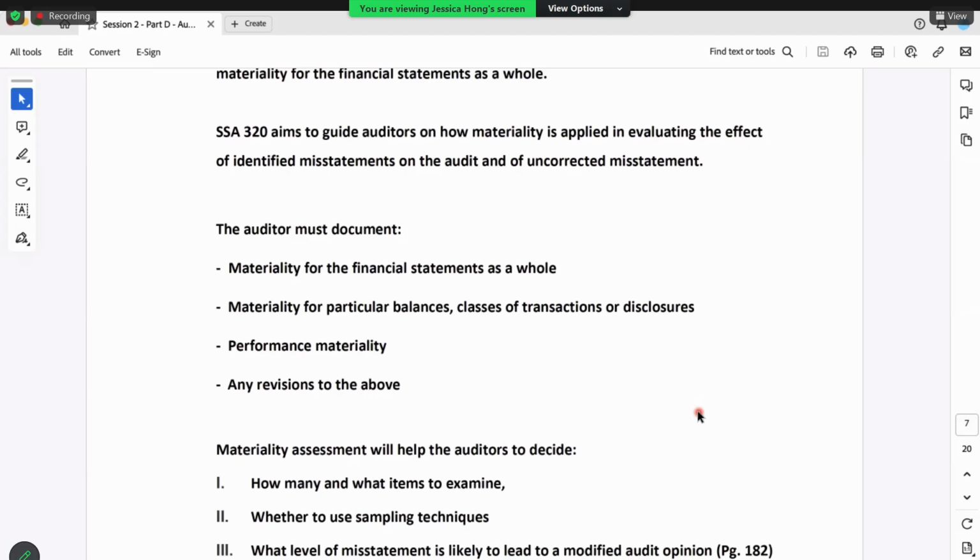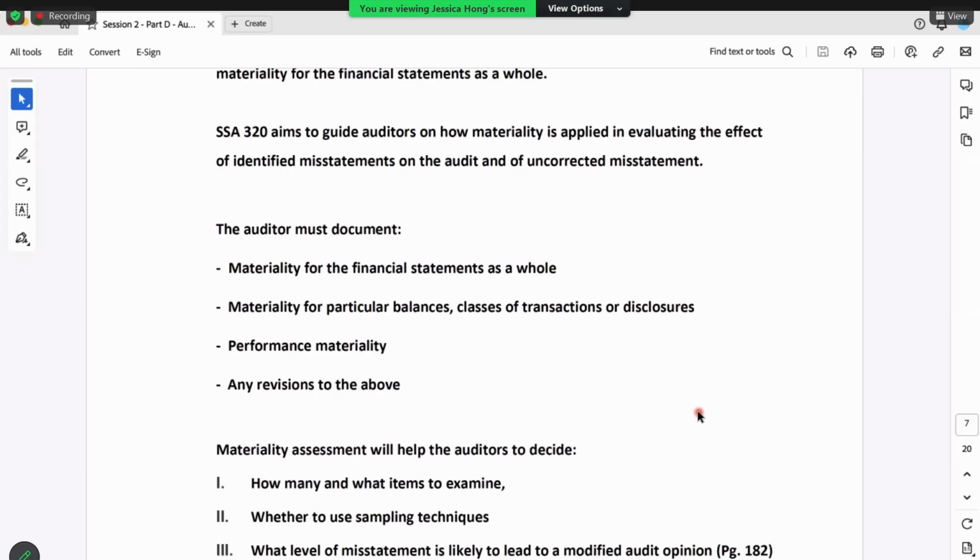So it depends on where the high risk is. Say, for example, you find that property, plant and equipment is very high risk. Then you may want to set a lower materiality level for property, plant and equipment because you expect material misstatements to happen there.